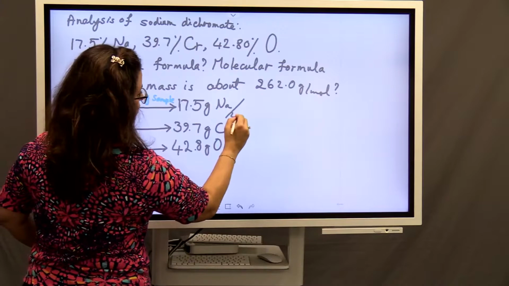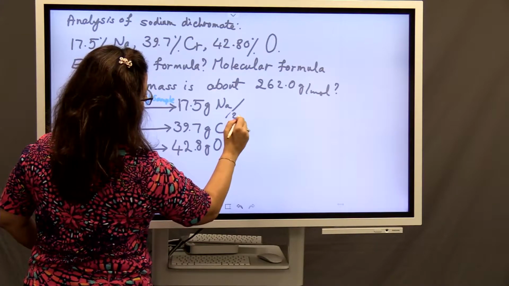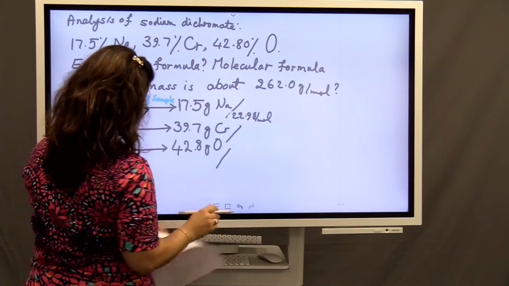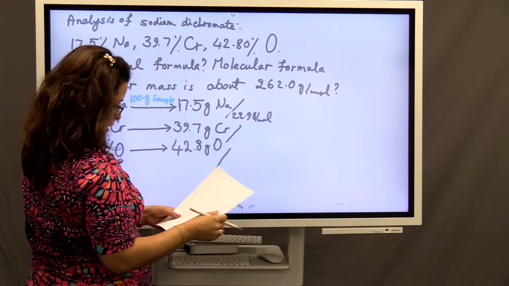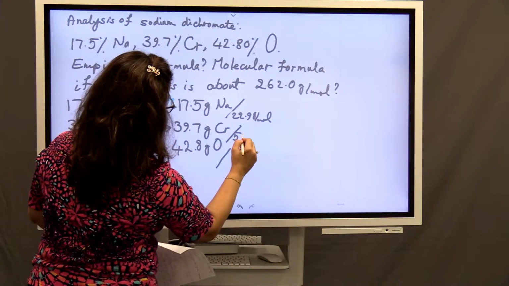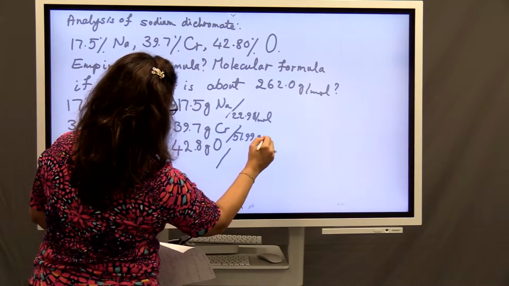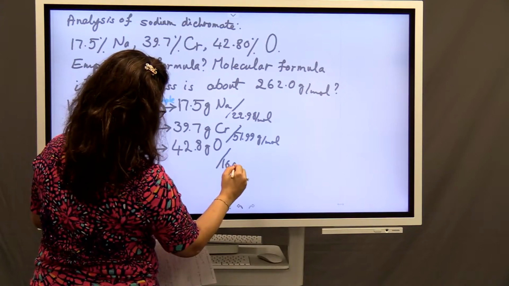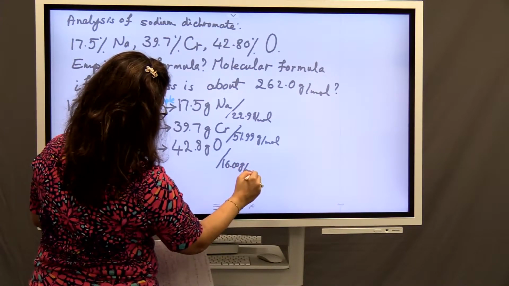Molar mass of sodium is 22.9 grams per mole. For chromium is 51.99, almost 52 grams per mole. And for oxygen is 16 grams per mole.